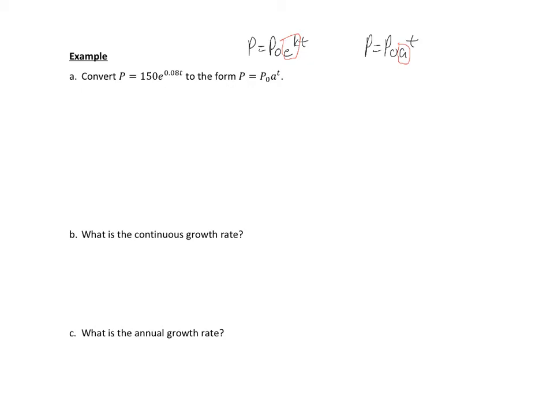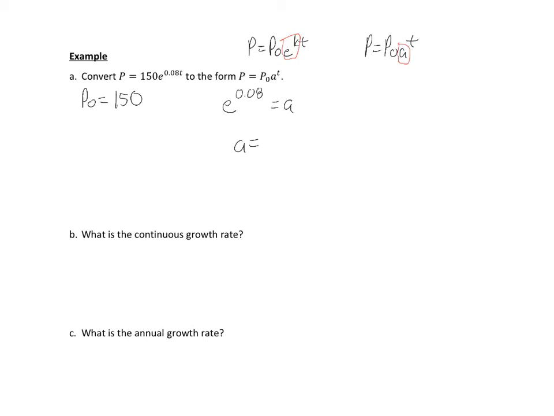Looking at this equation, I know P naught, the initial value, is just whatever this front number is, which in this case is 150. Then e to the k is the same thing as a. So e to the 0.08 is the same thing as a. They're in the same position. We're going to use our TI-84 calculator, and you're going to need to look at the video below on how to actually evaluate that.